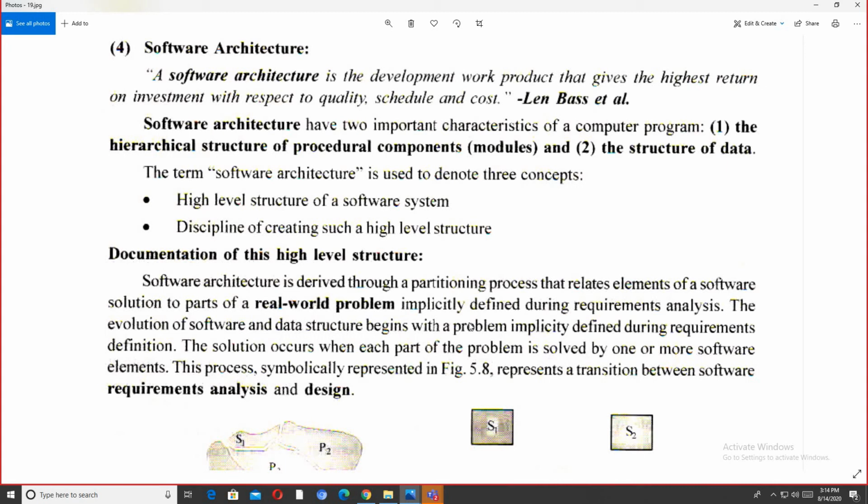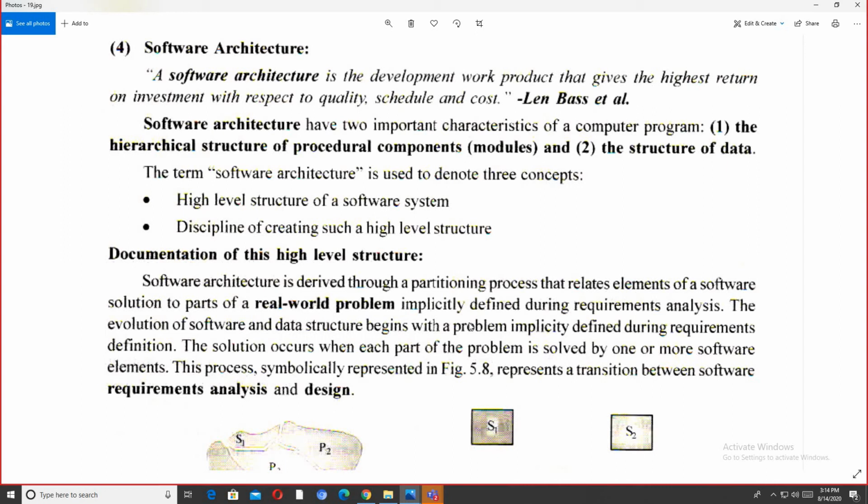So whenever we talk about software architecture, we have to take care of three things: first is quality, second is schedule, and third is cost. Quality, schedule and cost mean quality, time and cost invested into the software. The software architecture is good if it is sound on quality, on schedule, and on cost.